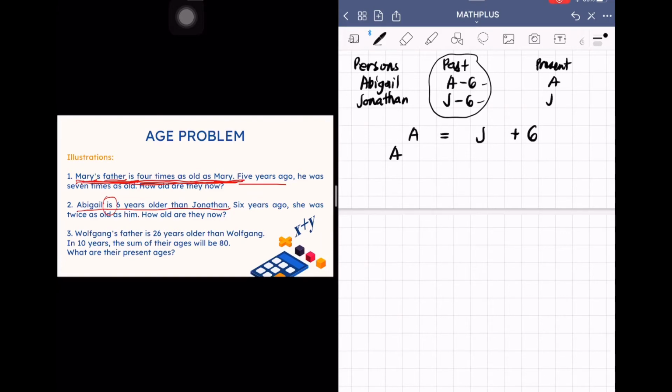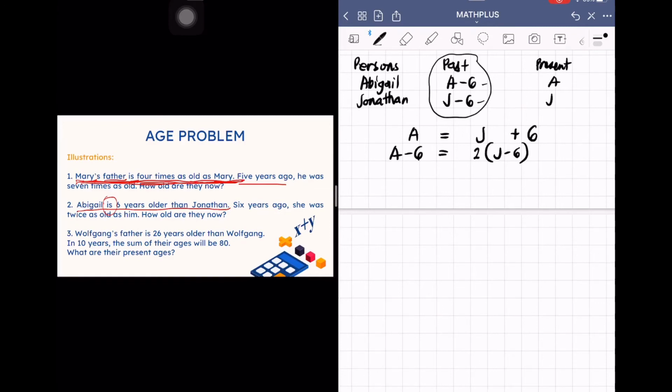So, Abigail daw, that's A minus 6. She was is represented by an equal sign. She was twice as old as him. That means 2 times Jonathan's age at that time. Okay? So, same thing that I'll do with the previous problem that we did.